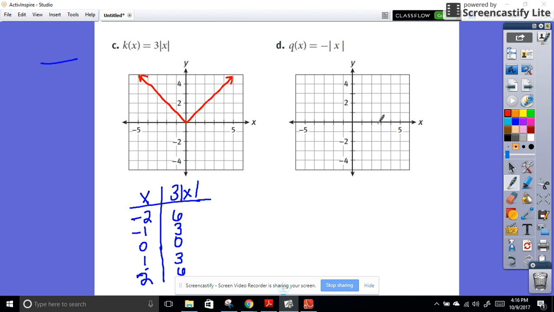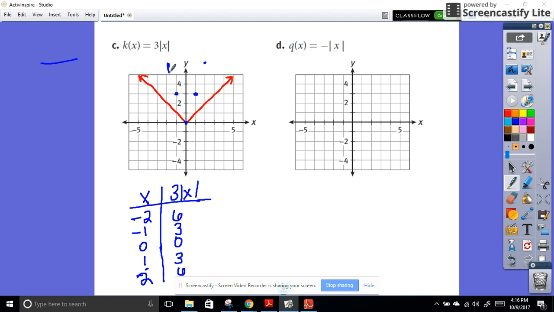Now for the blue function, it still has the same 0, 0, but at -2, it went up to 6. And at -1, it went up to 3. 0, 0. At +1, it went up to 3. And at +2, it went up to 6.